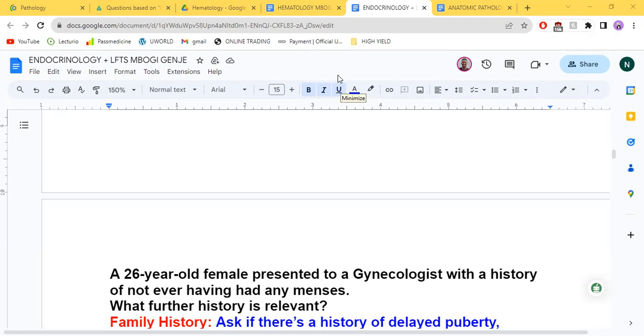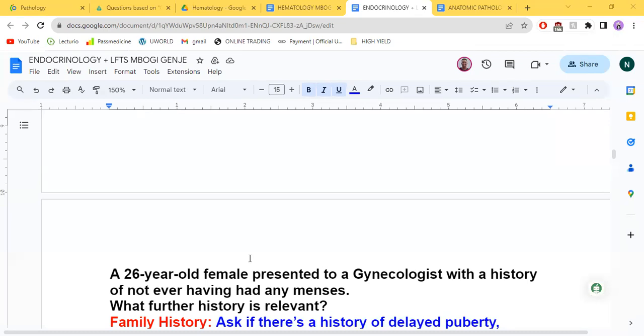So if there's any use of contraceptives. Normal physical appearance of the female. Yeah, so basically this is height and weight, isn't it? So we want to inquire about the height and weight. So which medical condition are we inquiring when we ask about the height and weight and the growth pattern of this 26-year-old female? Which condition are we keen on asking?